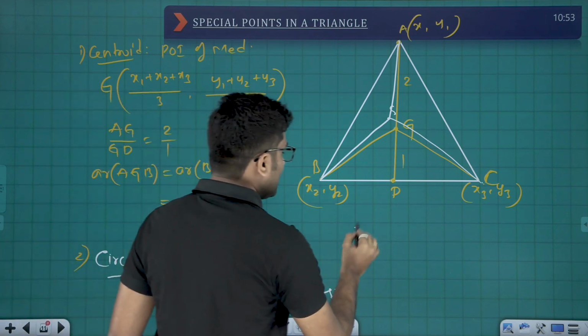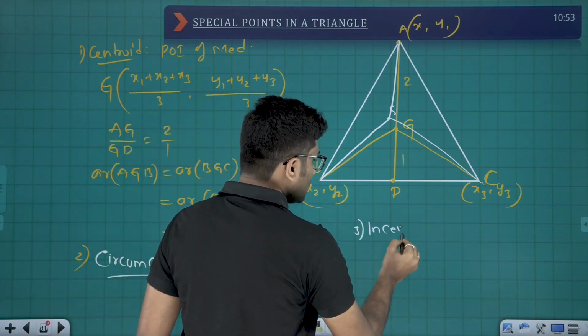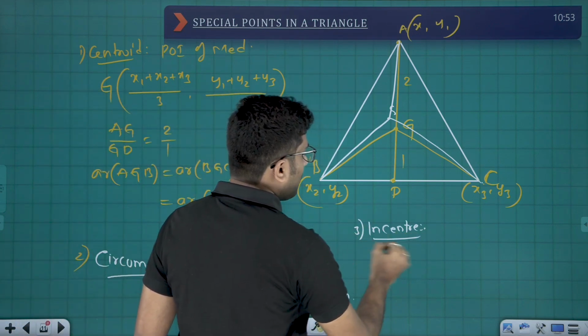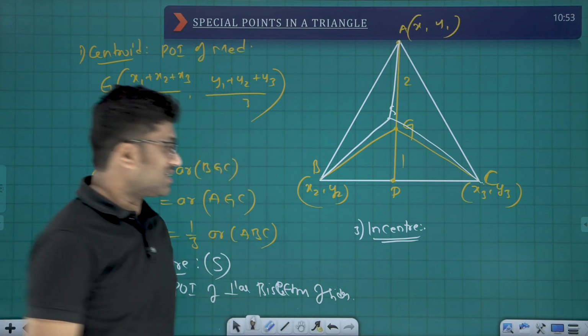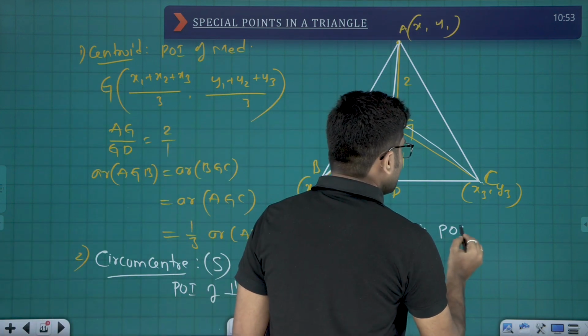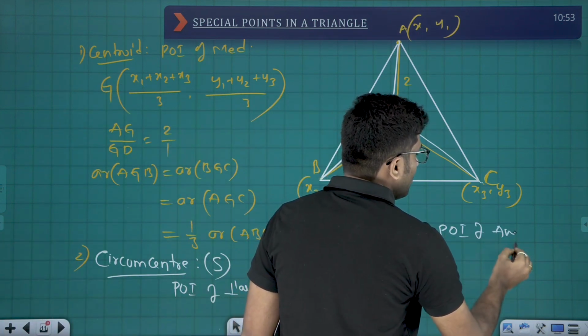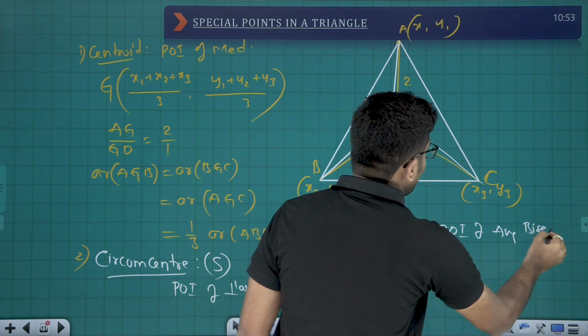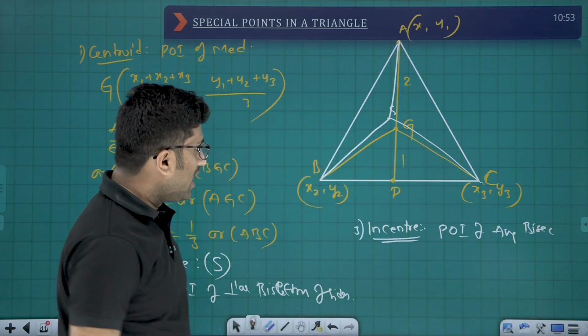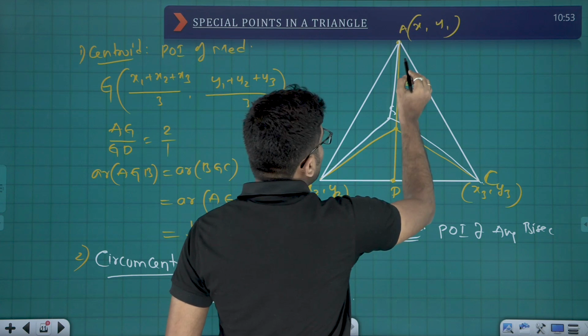Next we have incenter. Incenter is the point of intersection of angular bisectors.